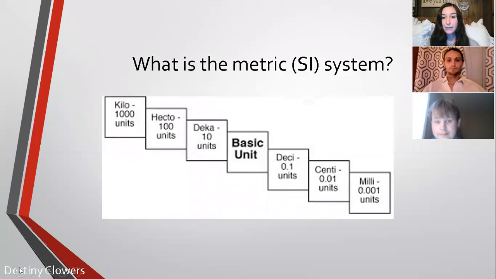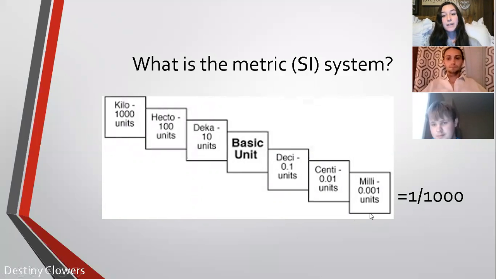You can see how down here it starts with milli, and a milli equals 1 over 1,000. Then a centi is equal to 1 over 100, or a hundredth. Then deci is 1 over 10, or a tenth.